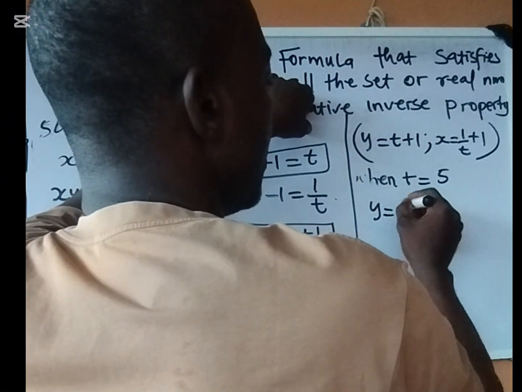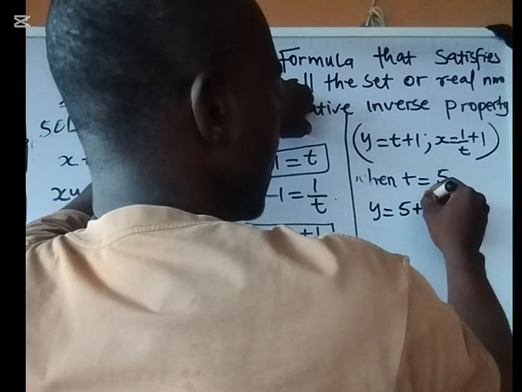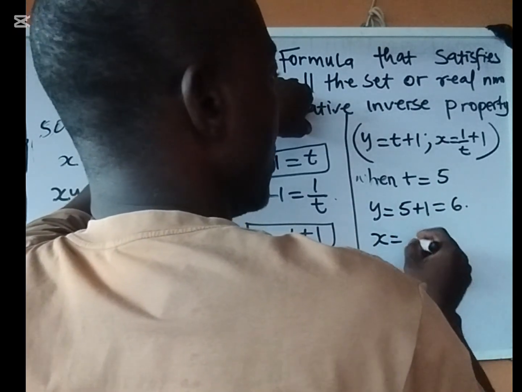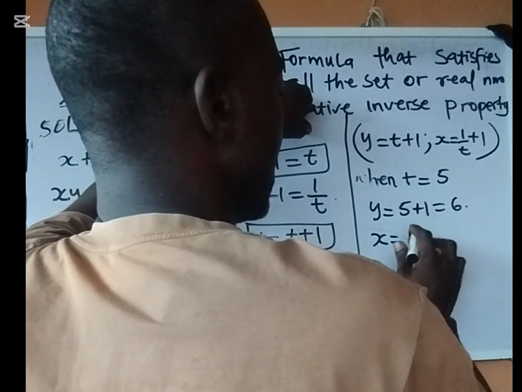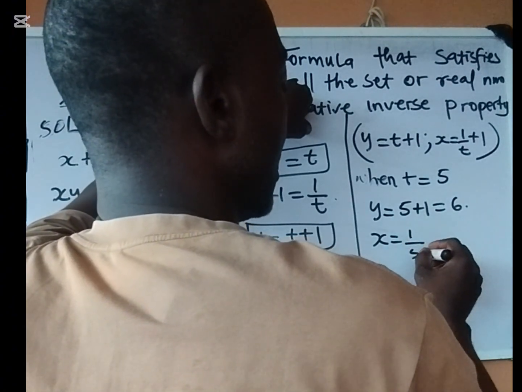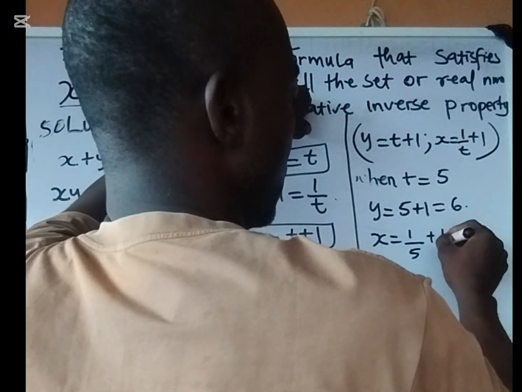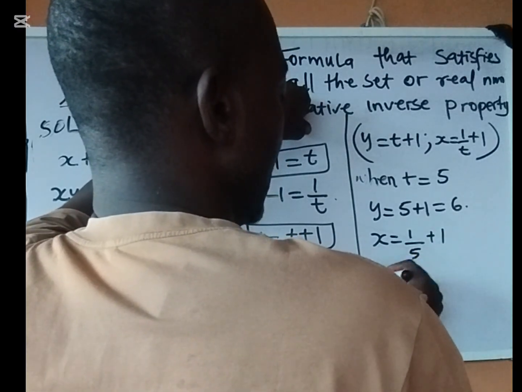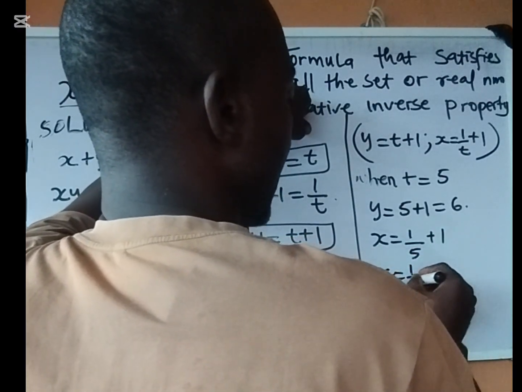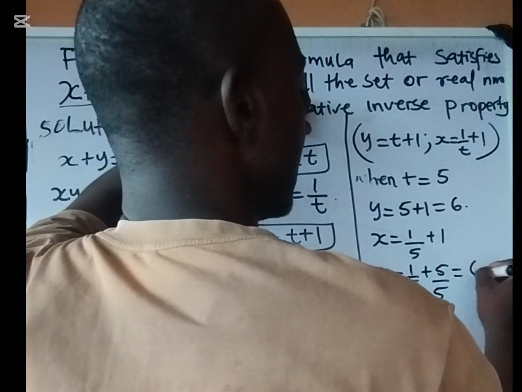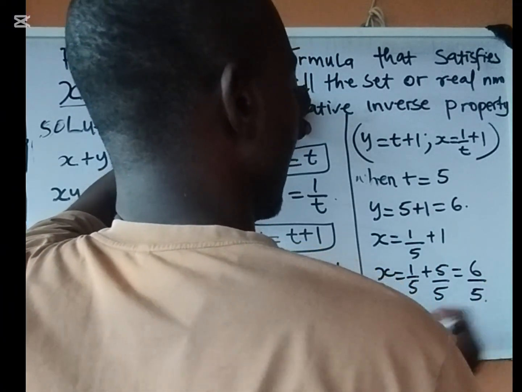Y will be equal to 5 plus 1, which is equal to 6. And x will be equal to 1 over 5 plus 1. X will be equal to 1 over 5 plus 5 over 5, which is equal to 6 over 5.